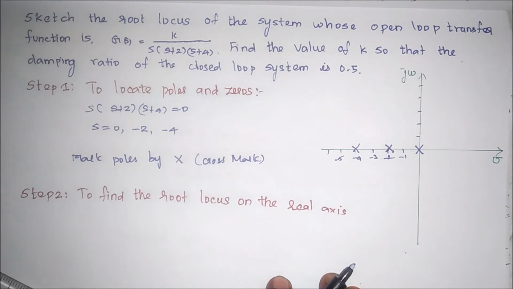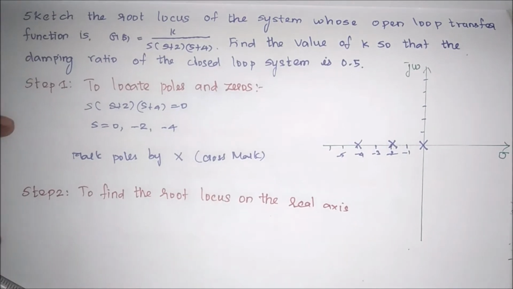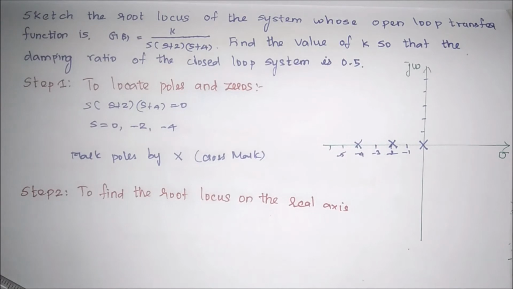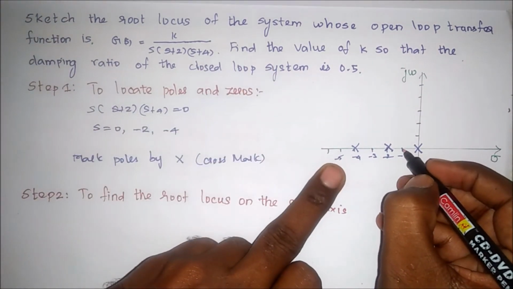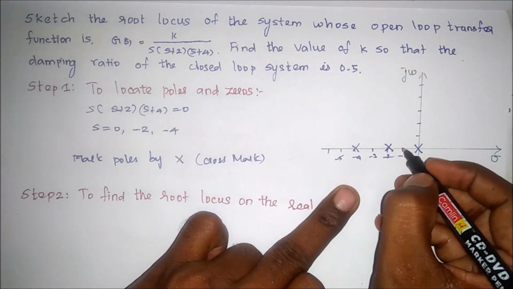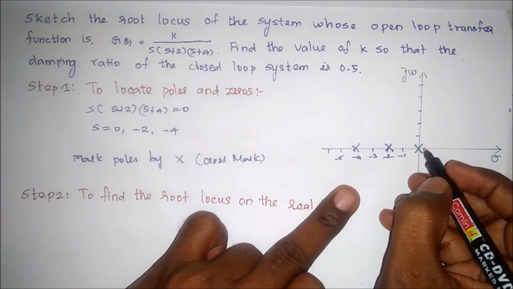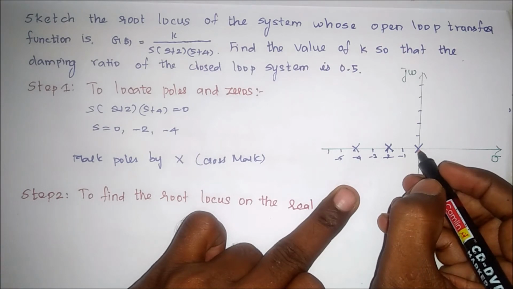Next, find the root locus on the real axis. According to the procedure, we take a test point. If we take a test point here, based on the concept, to the right side of this point there should be an odd number of poles and zeros. In this problem, there are no zeros.